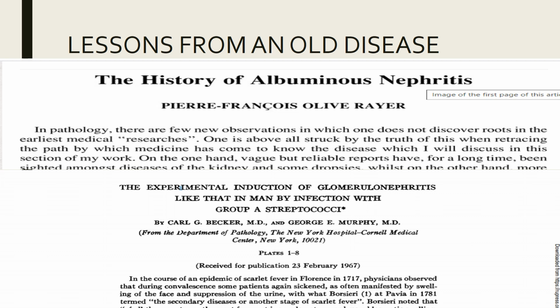So the first paper that is shown, the history of albuminous nephritis, was actually authored in the middle of the 19th century. Very interesting paper, intriguing, a bit long, but essentially it's a review of how people began to associate the presence of edema with renal disease.